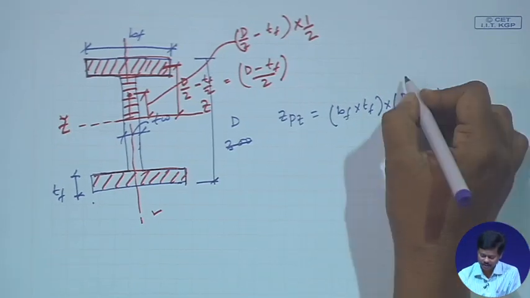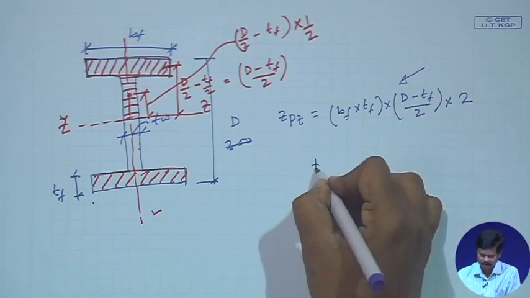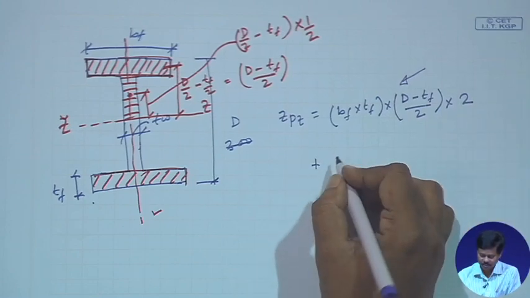So, this is the section modulus of the flanges plus the section modulus of the web.